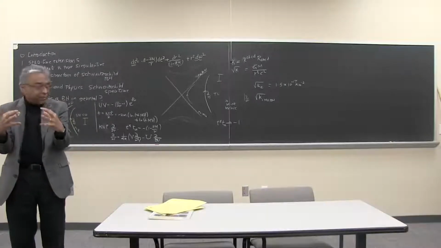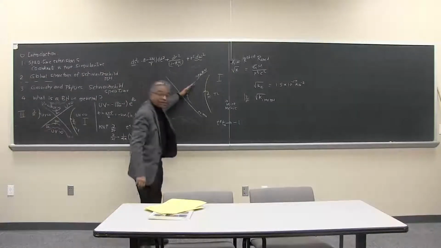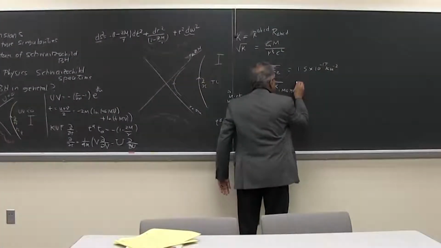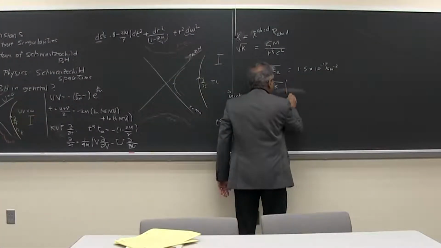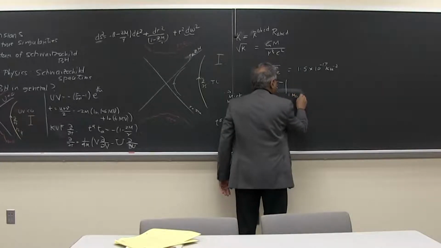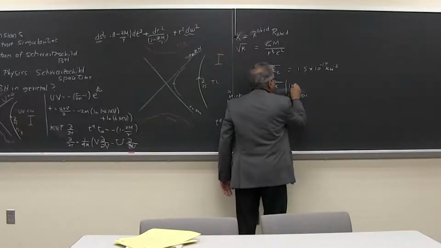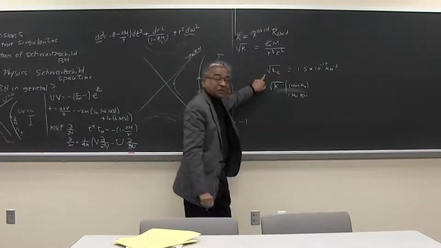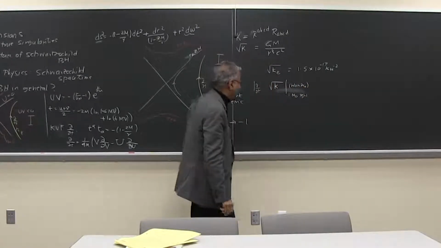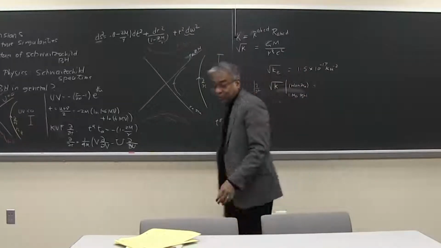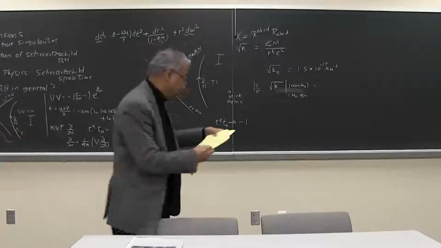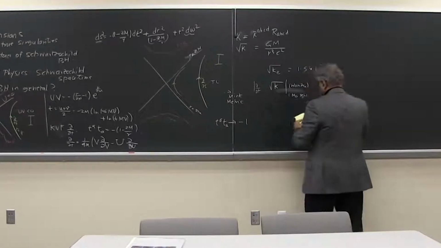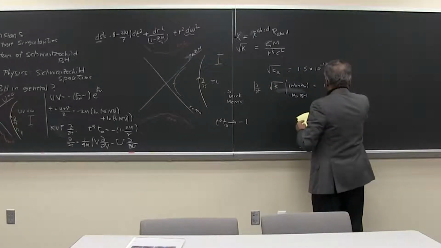The Schwarzschild radius of the sun is about 3 kilometers, so the horizon is at 3 kilometers. So the question is, what is this at the horizon? Here we looked at the surface of Earth, so now we look at the horizon, and we find this to be equal to 1.1 times 10 to the minus 1.